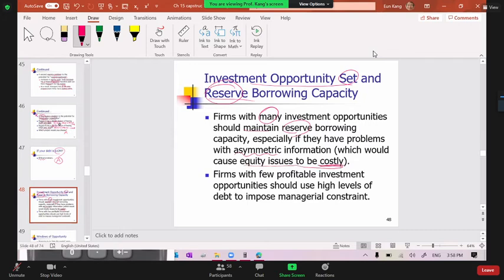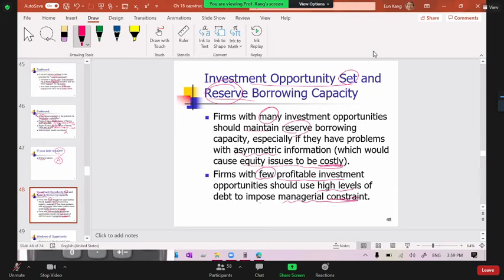So in that case, they may want to have reserve borrowing capacity. But firms with few profitable investment opportunities should use high levels of debt to impose managerial constraint. That is what I told.